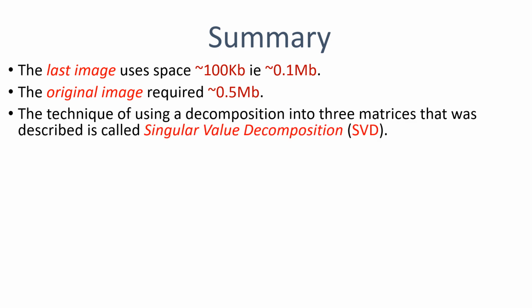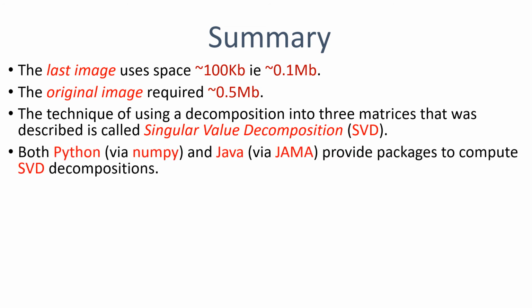The technique that I've been describing to represent a single matrix as a product of three matrices is called singular value decomposition, usually abbreviated to SVD. Both Python and Java provide packages which implement singular value decomposition.